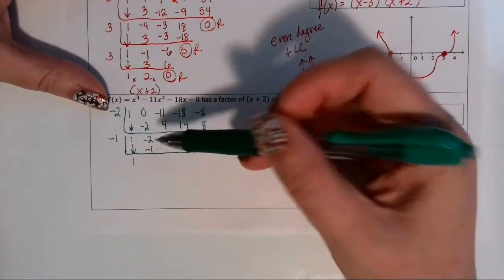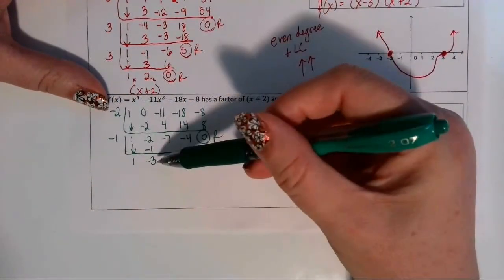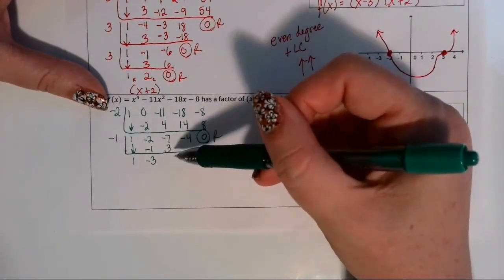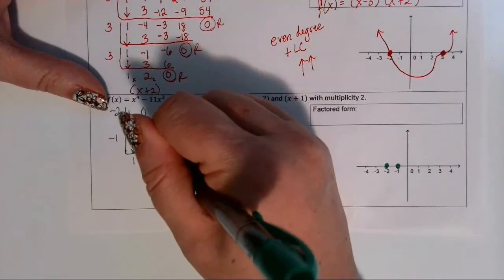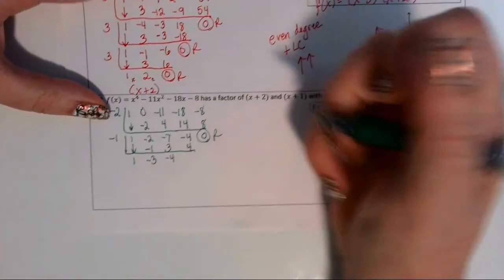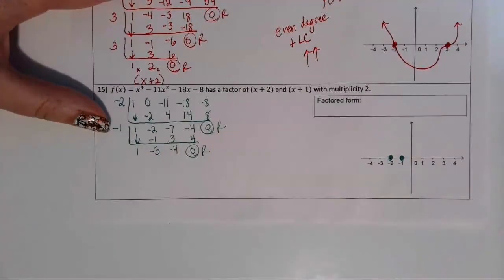Add those together. Negative 2 plus negative 1 is negative 3. Multiply. Negative 3 times negative 1 is positive 3. Add them together. Negative 7 plus 3 is negative 4. Multiply. Negative 4 times negative 1 is positive 4, and add. Negative 4 plus 4 is 0, and that's the remainder.